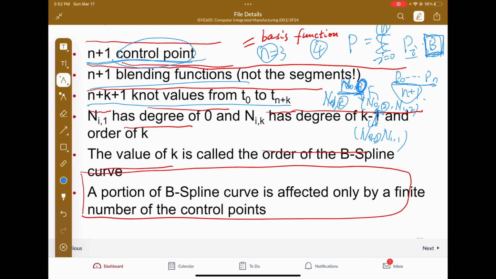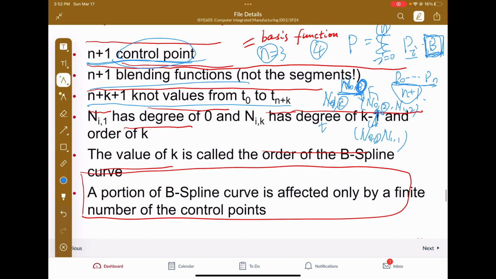So in this case, we need more knot values, which is t in the examples, right? We have k equal to 2, n equal to 3. We have 6 t's, 6 numbers. So go back to n plus k plus 1. This is how to calculate how many t's you have.